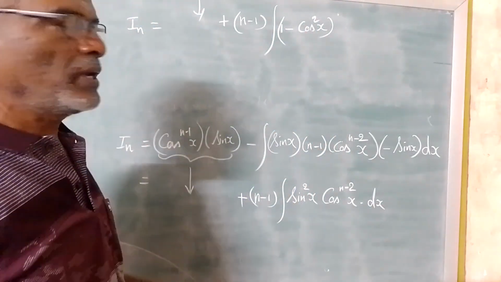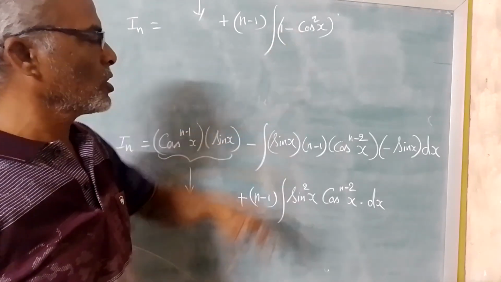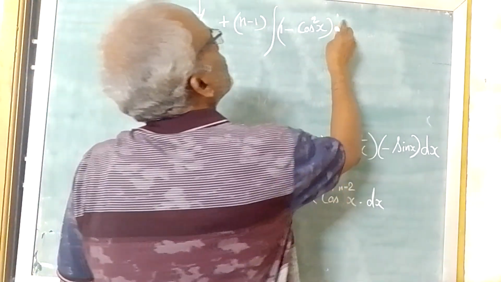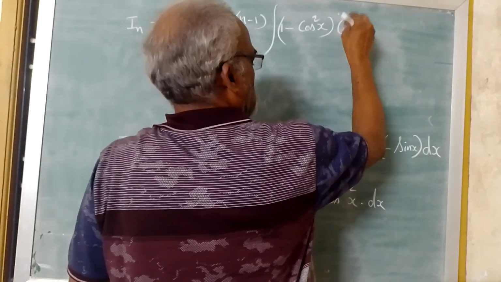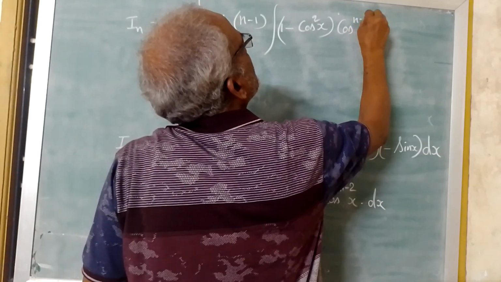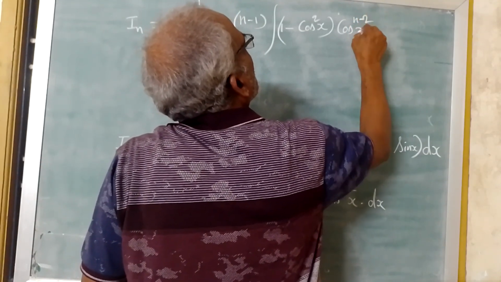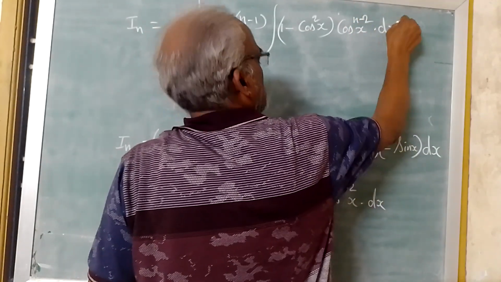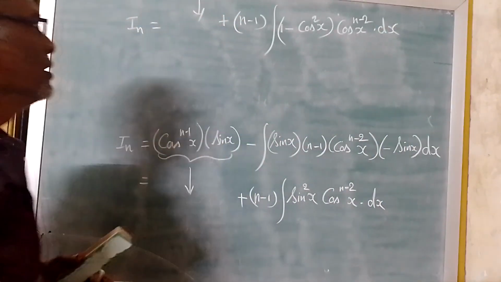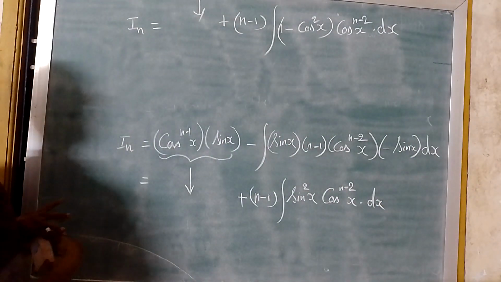So this sin²x is written as 1 minus cos²x into cos^(n-2)x into dx.